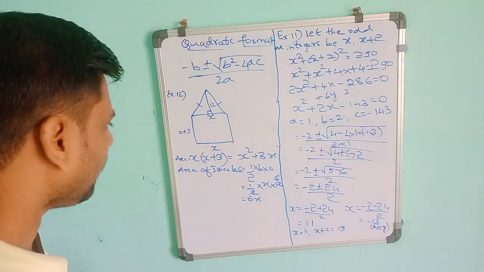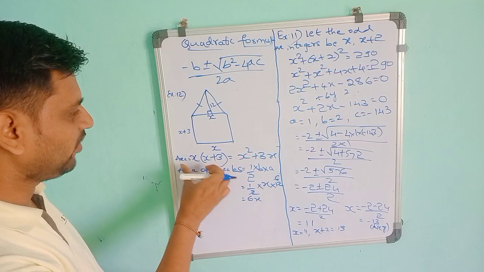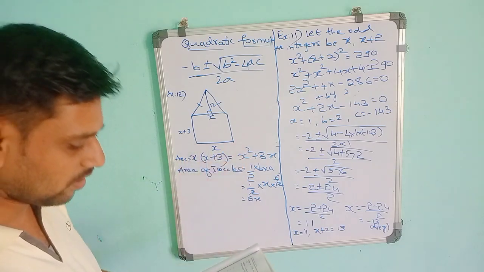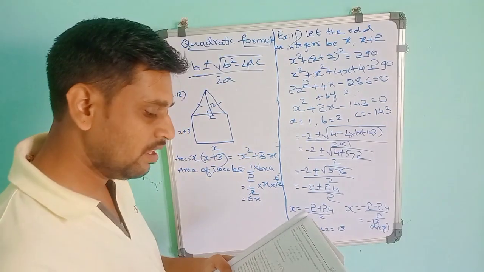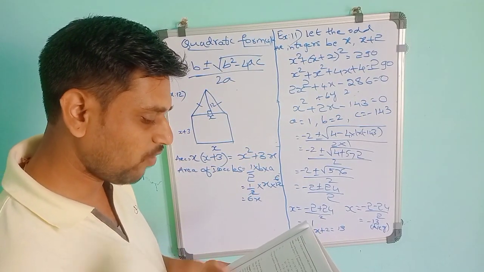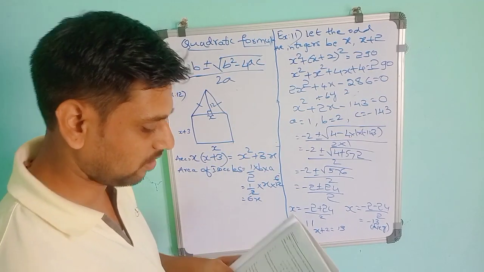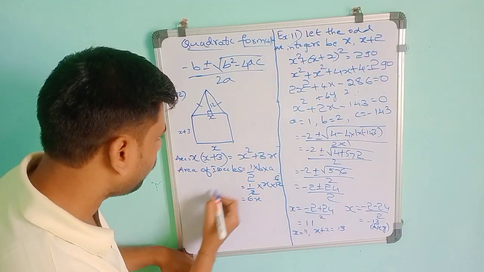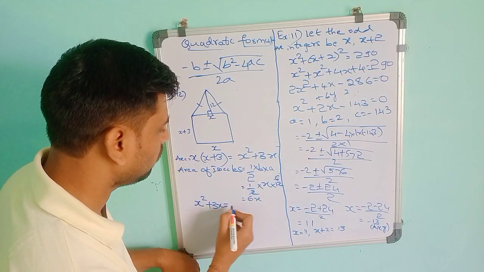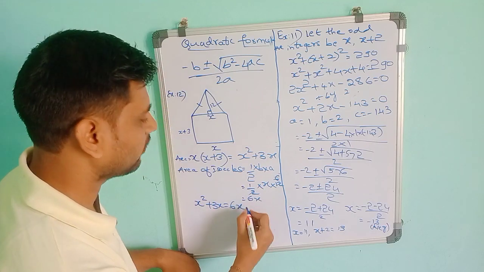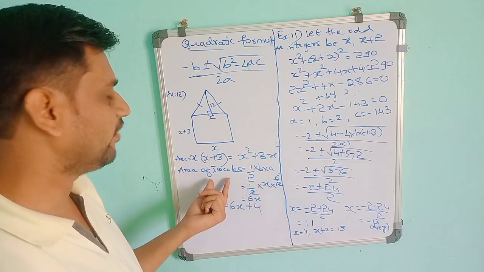So next the given condition: its area, means area of this rectangular park, will be 4 square meters more than the area of park that has already been made in the shape of isosceles triangle with the base as the breadth of the rectangular park. So if you take this one as rectangular park, this will be equal to 6x plus 4, because 4 square meters more than the area of the isosceles triangle.